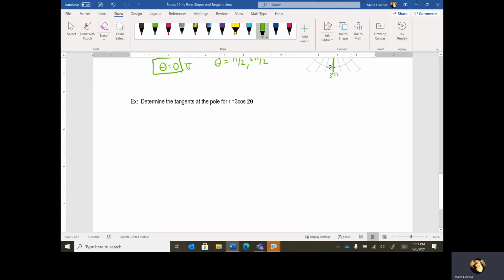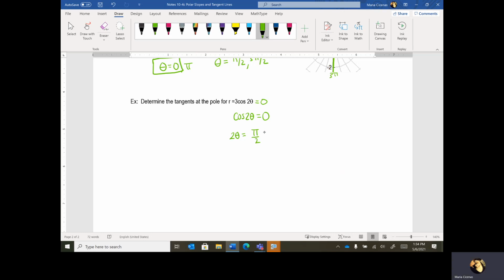Determine the tangents at the pole for r equals 3 cosine 2 theta. I'm going to set that equal to 0. All right, so where is cosine equal to 0? Because this will just be 2 theta. That's happening at pi over 2.